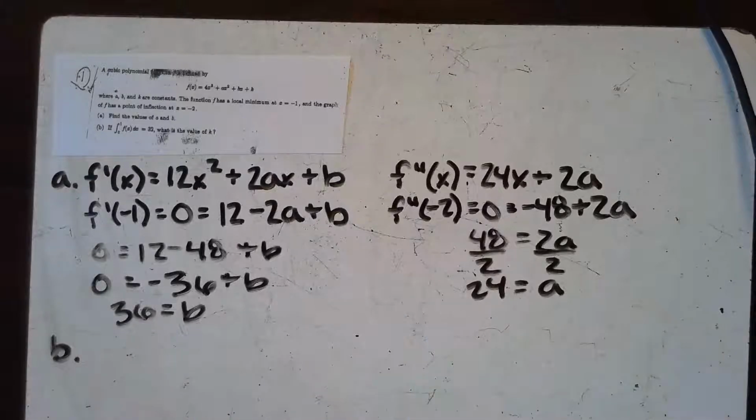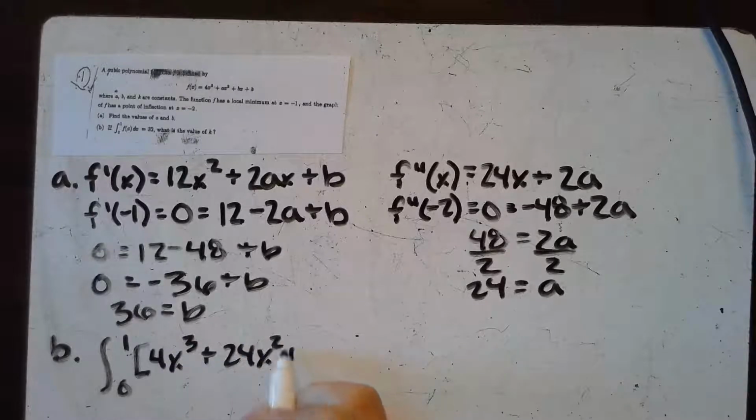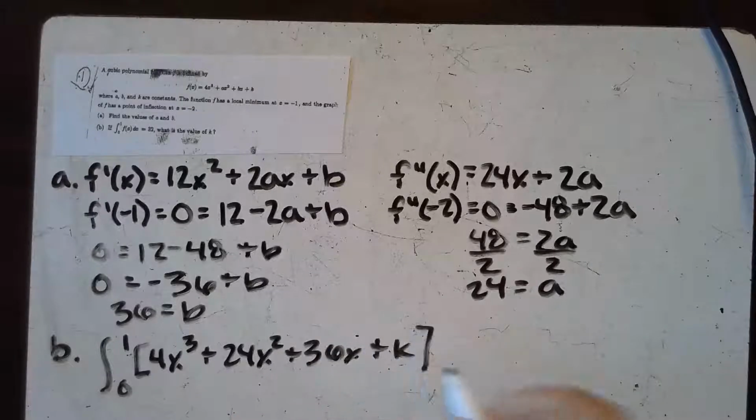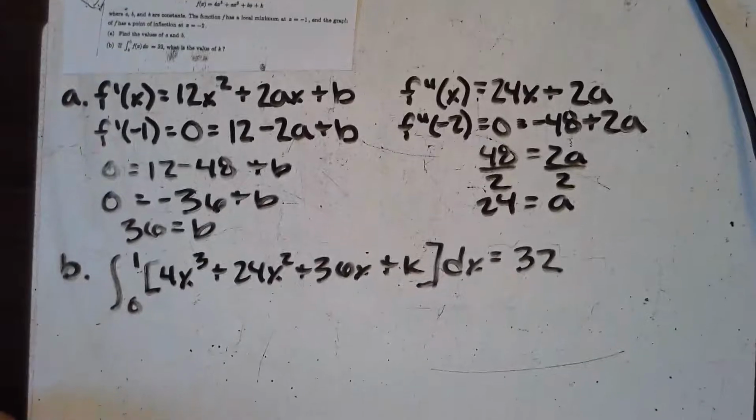Well, we know what a and b are, so I'm going to already plug that in. And I know from 0 to 1 of f of x, I'm going to go ahead and actually just put it 4x cubed plus 24x squared plus 36x plus k. And they say this equals 32. Well, let's think about what we did yesterday with integrals.